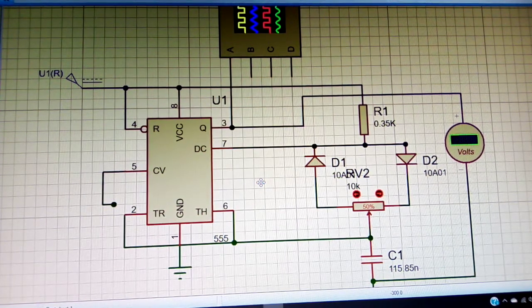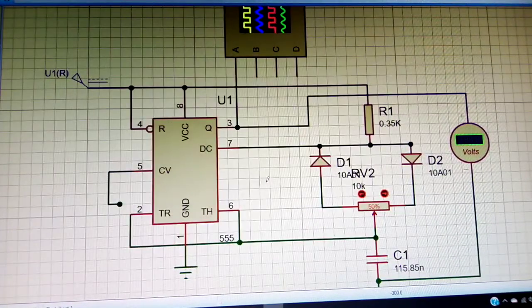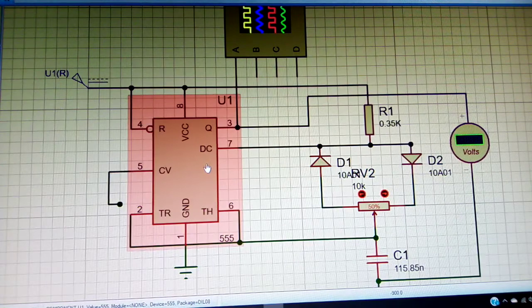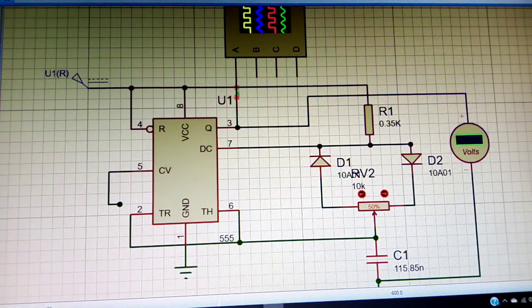Well, in my circuit, I was using the 555, this one, with 8 pins. The number 3 will be my output. The input will be used with the diodes, with a potentiometer and a capacitor.